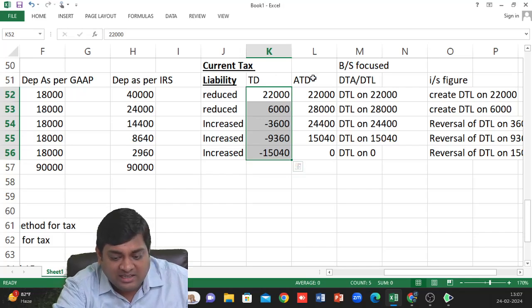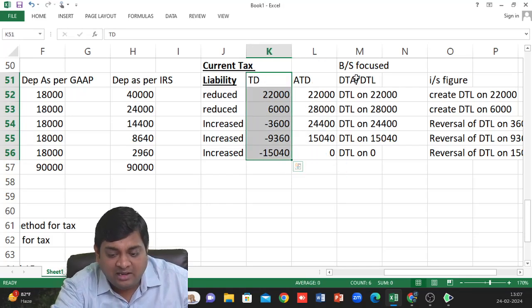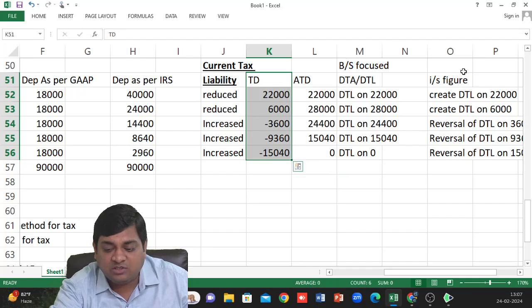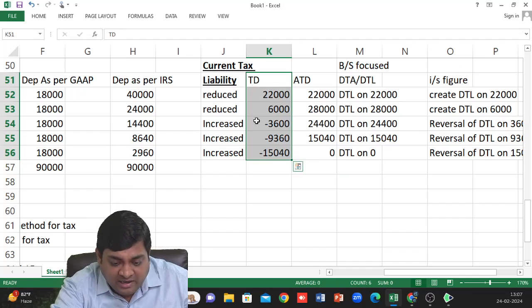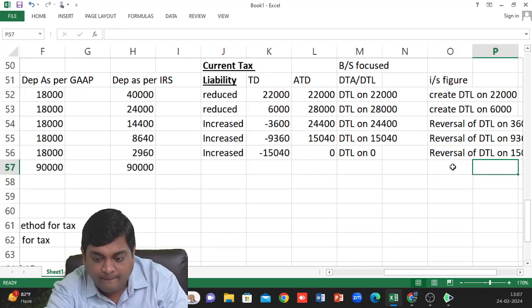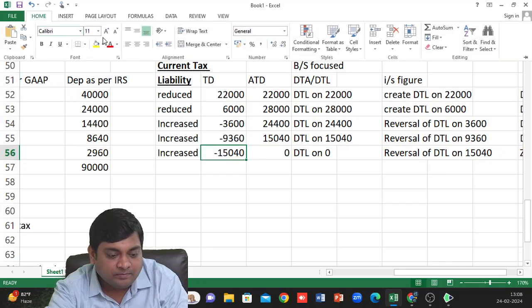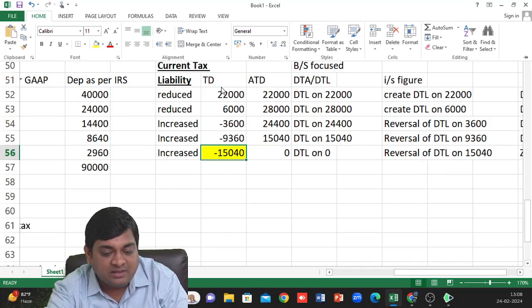If tax rate over the years are same, we can straight away go for this timing difference and accordingly create deferred tax. Directly I can get income statement figure. See, this timing difference and income statement figure is exactly matching. See, this is my timing difference.